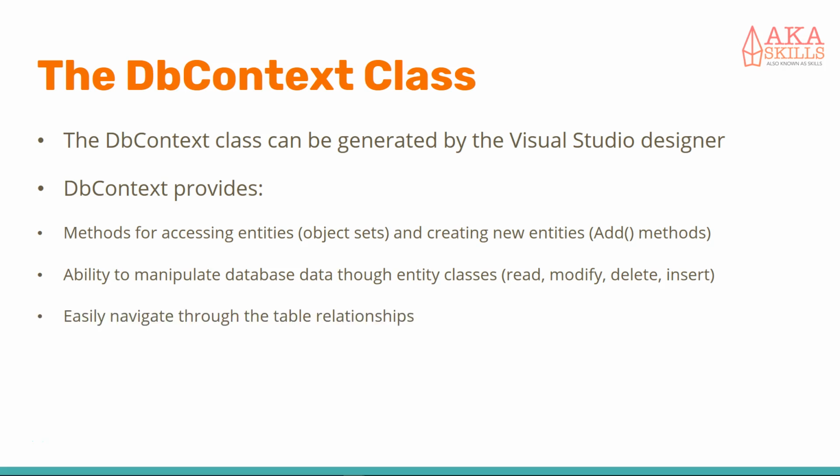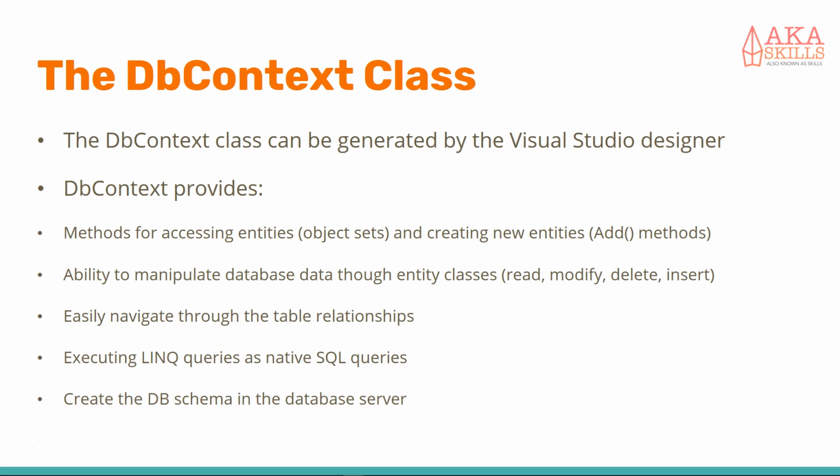Easy navigation through the table relationships. That's what we have as well with, for example, accessing your table dot something, and this dot something is actually the relation. So we can execute LINQ queries as native SQL queries, and we can create the DB schema in our database server.